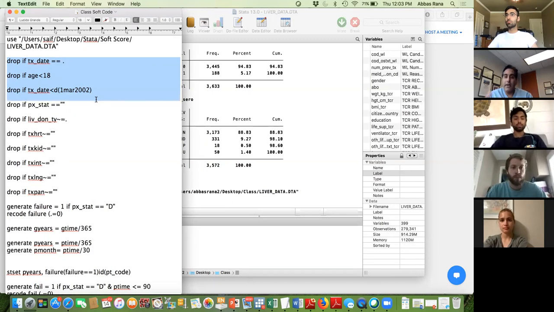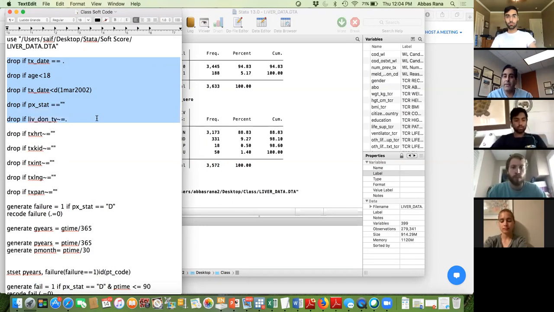The modern era we discussed, March 2002, is when MELD allocation came into effect. Patient status, PX stat, is a very important variable. It tells us the follow-up, the status, the last known follow-up. And if that isn't there, we want to drop that.